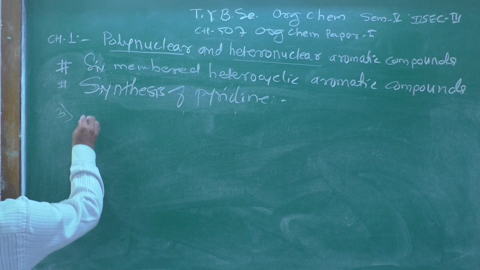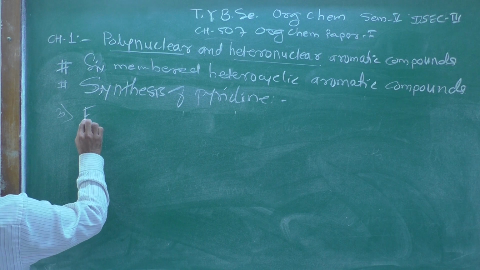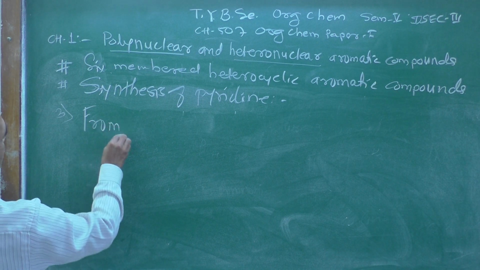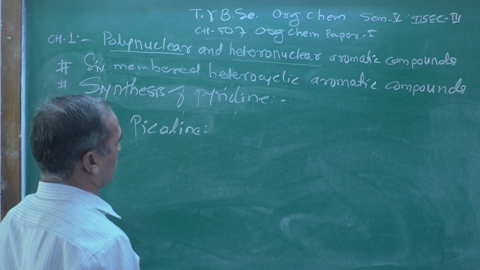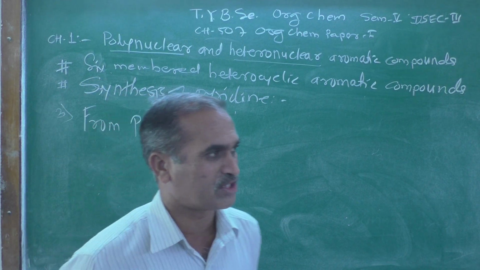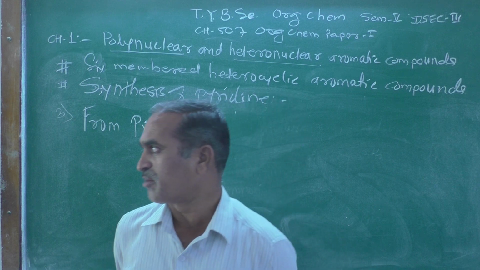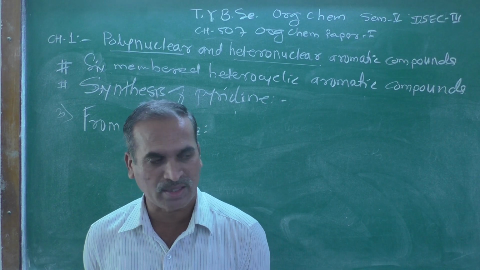Now the third method starts from picoline, and just now we have seen there are 3 different isomers possible: 2-methyl pyridine, 3-methyl pyridine, or 4-methyl pyridine.